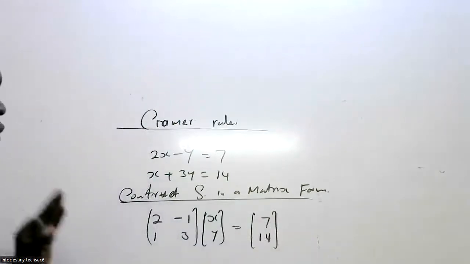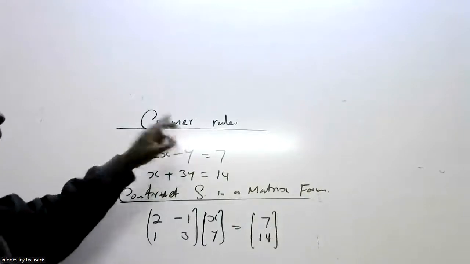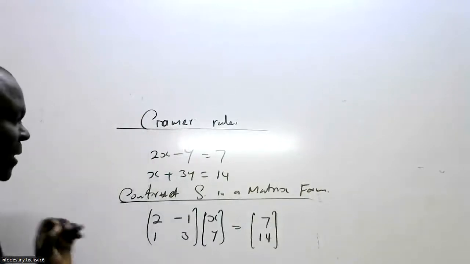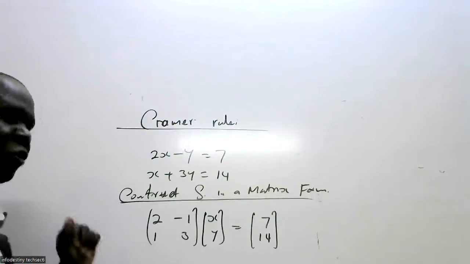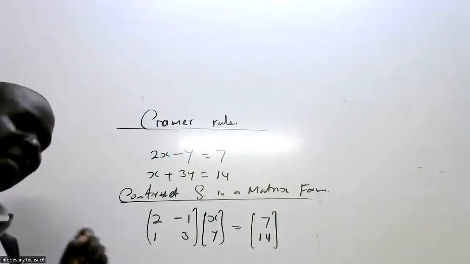So for us to solve this equation using Cramer's rule, the first step, I said, is to construct the simultaneous equation in matrix form.